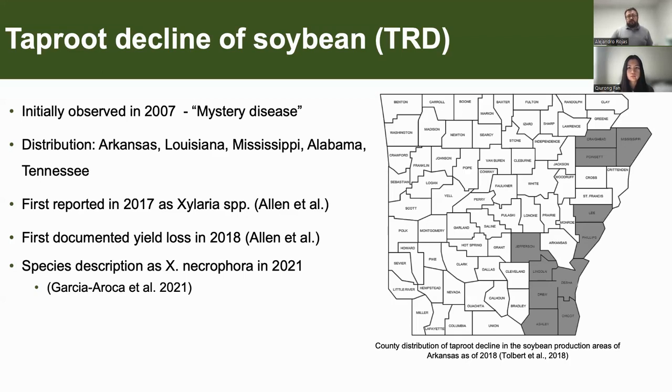And the first documented yield loss, which you can also find in the Crop Protection Network, was reported in 2018. And finally, in 2021, researchers in Louisiana State named the fungus as Xylaria necrophora. So this is the pathogen that is causing the taproot decline.